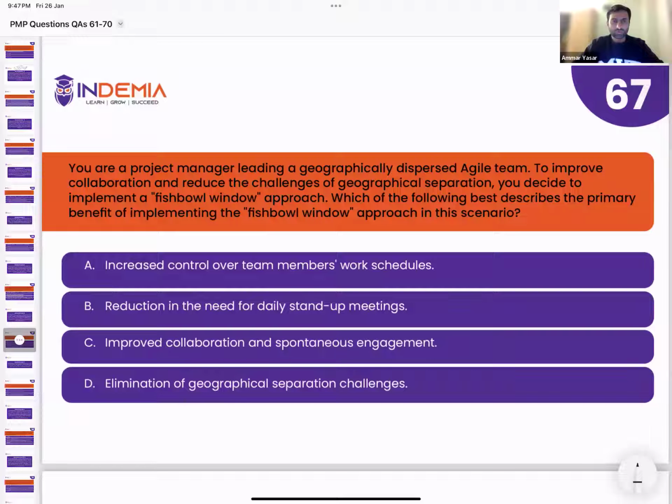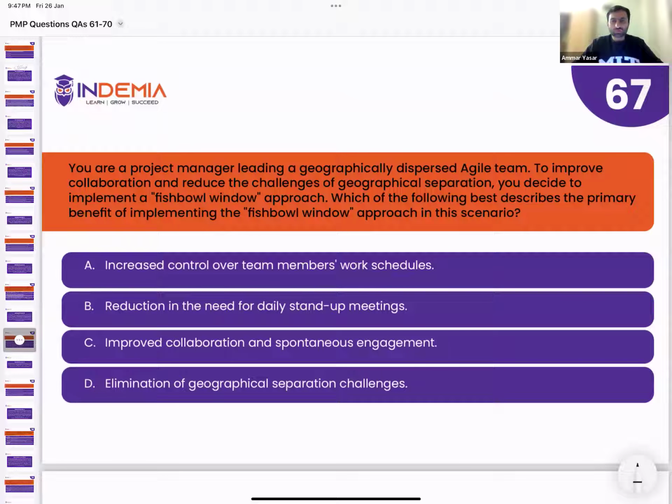All right. Anyone who could explain what is fishbowl window? All right, so fishbowl window is where all the team members, in the morning, join a video or audio conferencing call at the start of the day, and that call continues throughout the day. So all the team members, they are geographically dispersed wherever they are, but they are continuously connected through a call.